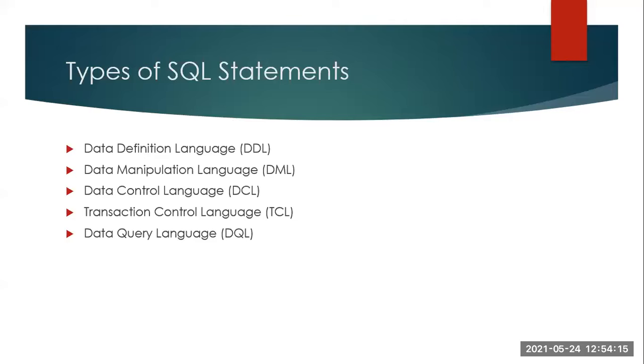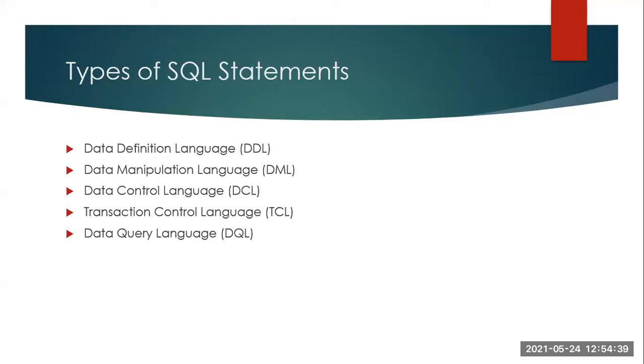There are total 5 languages, but actually 2 main languages are going to be used in this DBMS theory. The first kind of database management language is data definition language. You can call it DDL also. Very easy.